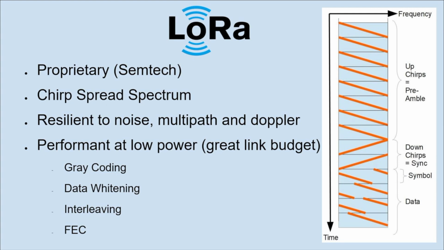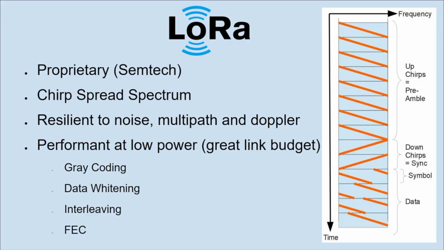And the crowded sort of license exempt bands have a lot of noise on them, so hopefully anything that can overcome that is good. So you can make what we call a gateway, a Raspberry Pi and a LoRa receiver, for as little as about $10. So it's really comparable with SDR.